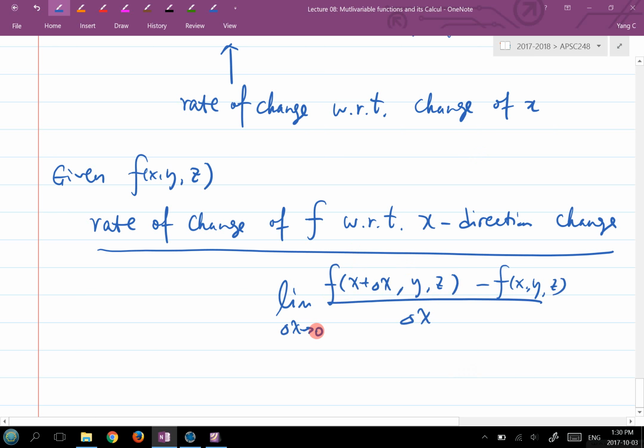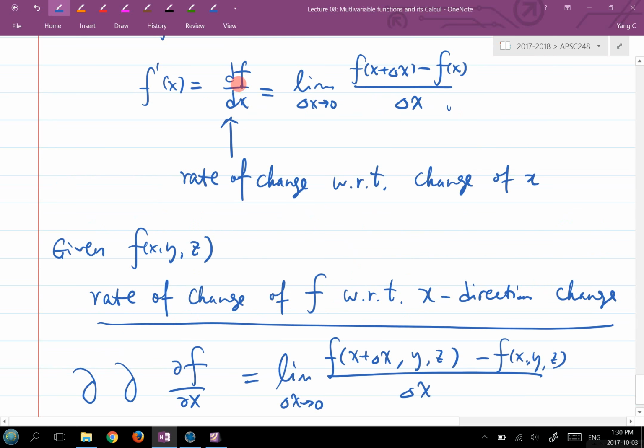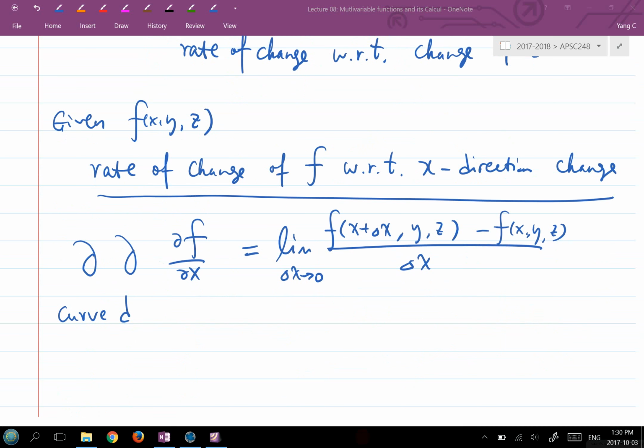Now this one here is actually the definition of partial derivative. So instead of the straight d, now we use this so-called curved d. You can write it like this, or write that. You can typically write it this way. This is called a curved d, and I normally call the other one straight d. And this sign here, you can also call it partial.